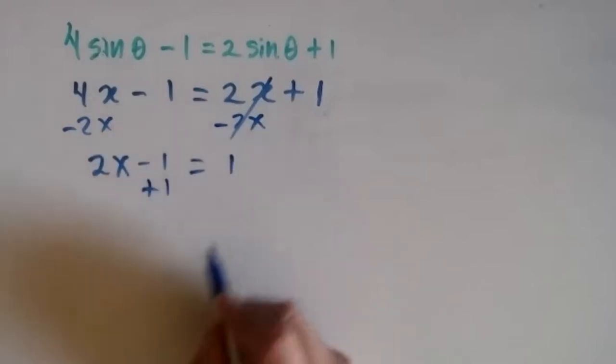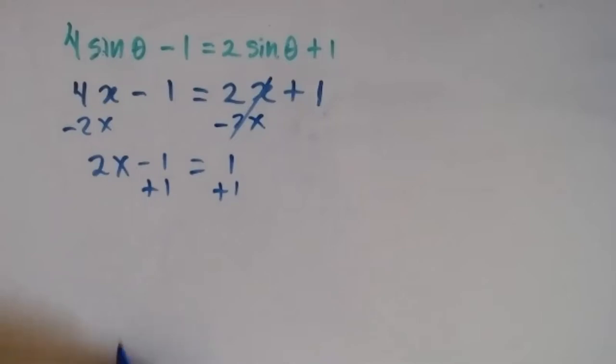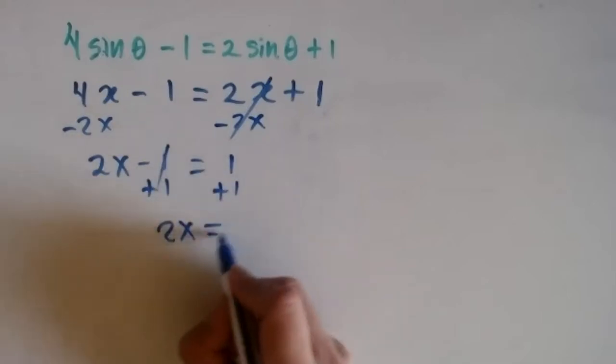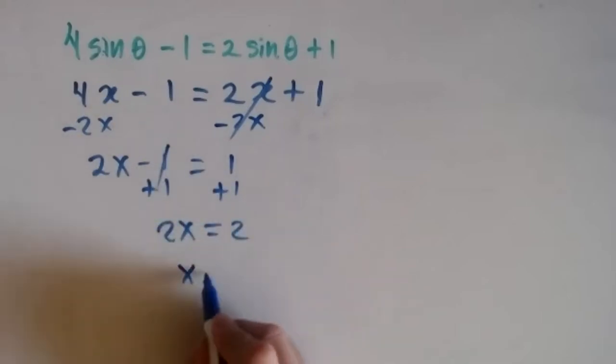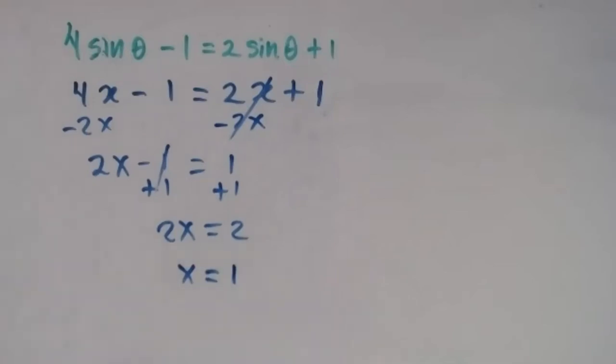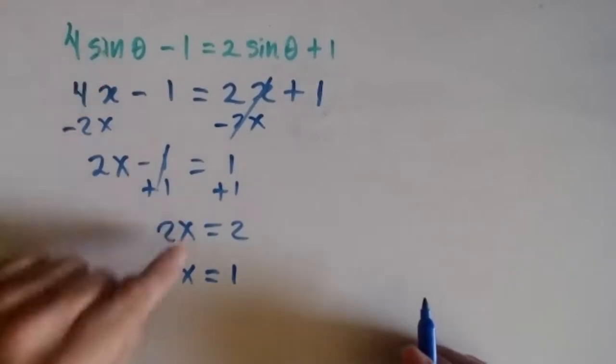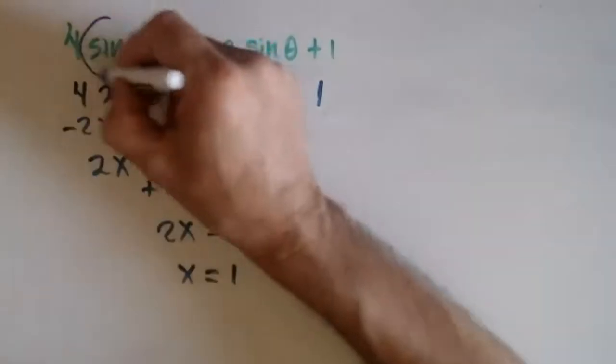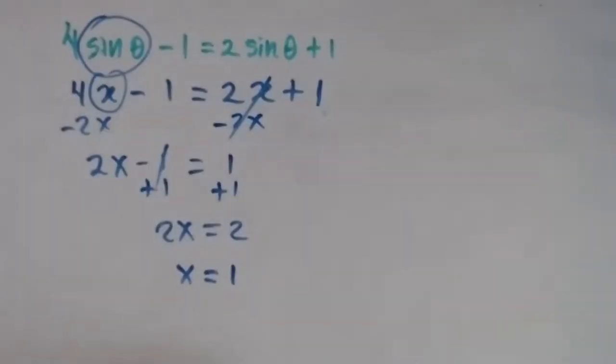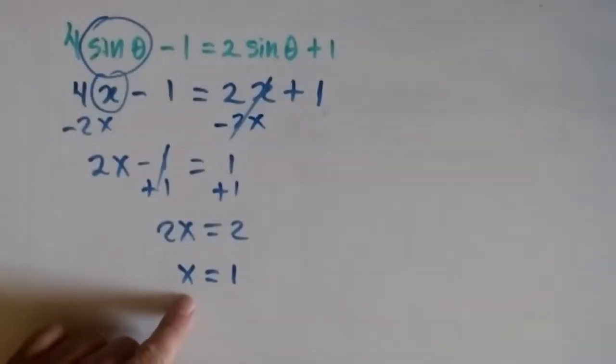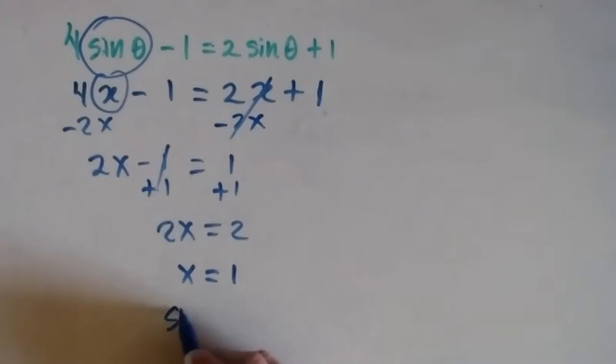And then you add 1 here, you add 1 here, cancel here, you have 2x equals 2. And then you have x equals 1, correct? Any problem with that? No, it's very easy. It's algebra 1. Then, but you remember, okay, I changed the sine theta by this x. So I'm going to return this to sine x or sine theta.